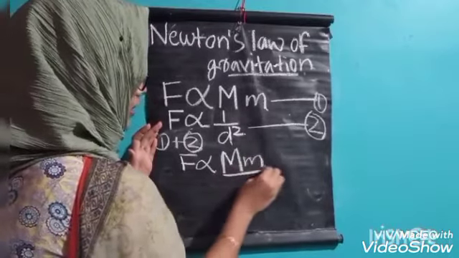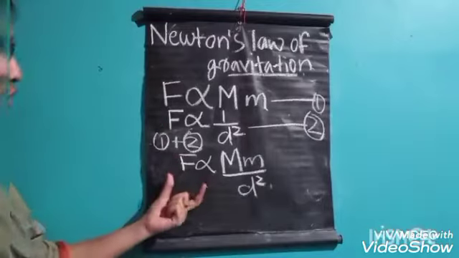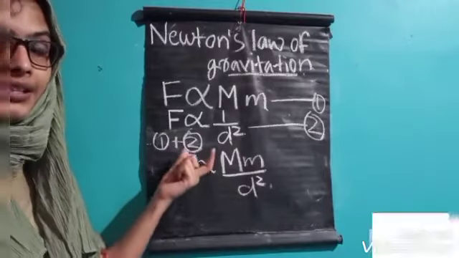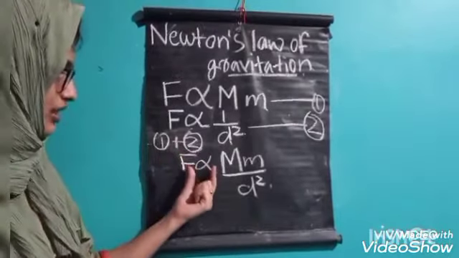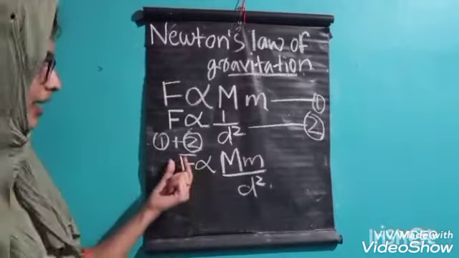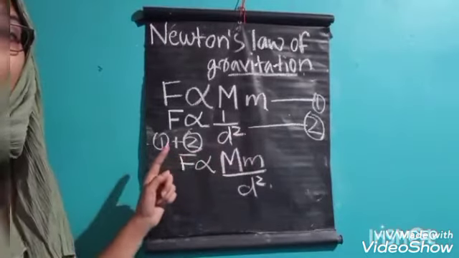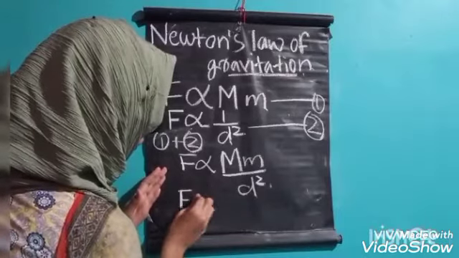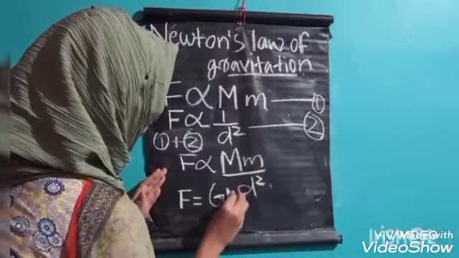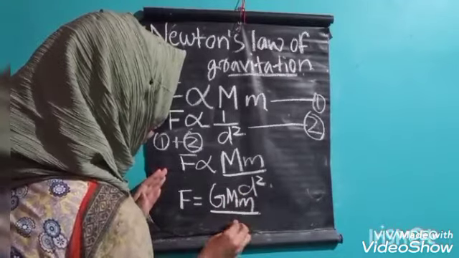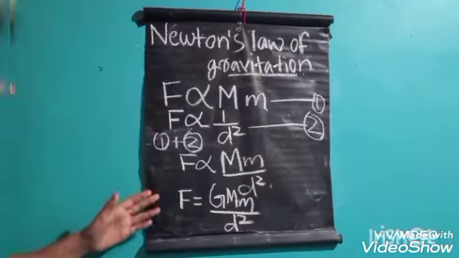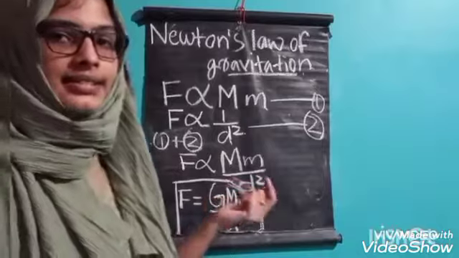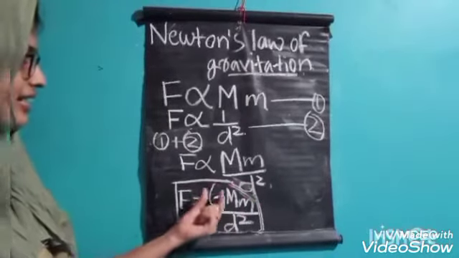In order to change this proportionality into an equal to sign, we have to multiply it with a proportionality constant, and that constant is G. That is, F is equal to G M m by d square. Okay, this is our equation.